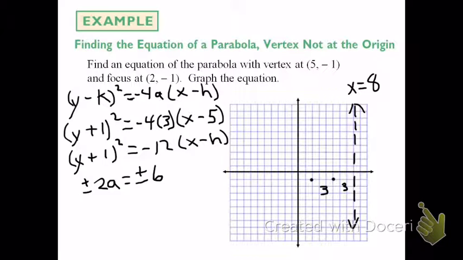So 6 up. 1, 2, 3, 4, 5, 6 right here. Make it so we can see that point. There it is. And then 6 down. 1, 2, 3, 4, 5, 6 down from the focus. Go ahead and draw a parabola through those points.